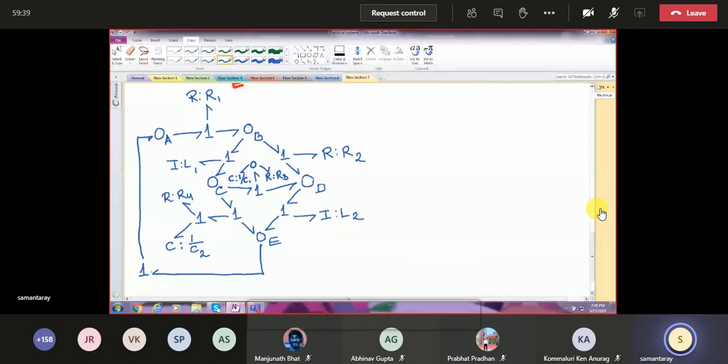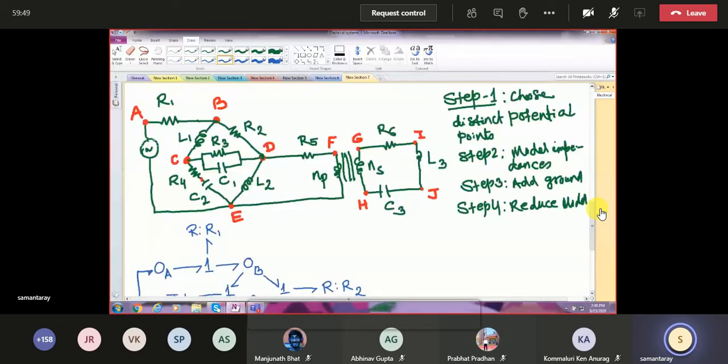Look at this. Between E and A, that voltage source is there. This voltage source is such that the potential at A is the potential at E plus the supplied voltage.